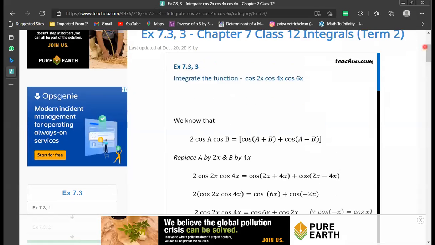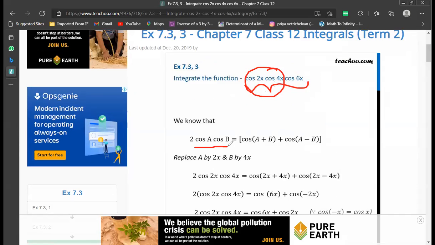Question number 3, integrate the function cos 2x, cos 4x, cos 6x. So here we do have 3 trigonometric terms in multiplication. So you have to take the first 2 terms, take this first product of the terms and convert this into a sum of the terms.